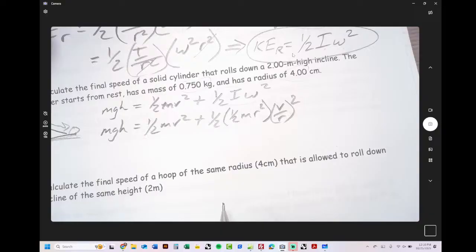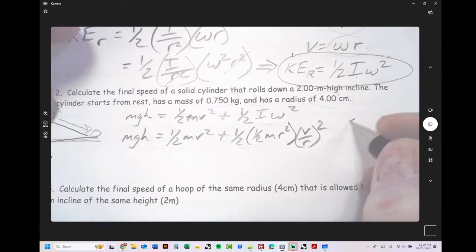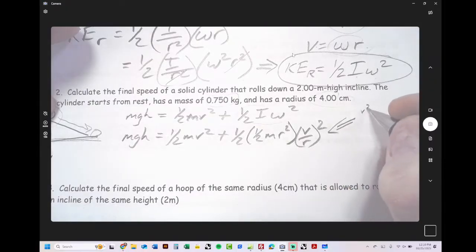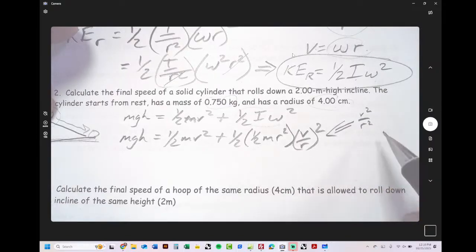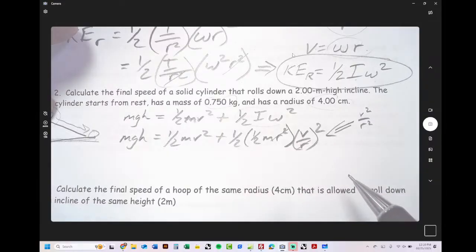And so I'm just going to make myself a little note here that v over r squared is v squared over r squared, right? Yep. So if this is really v squared over r squared, what can I do? I can get rid of the r's. So this r squared and that r, they can just kind of go away. What else can I cancel out?